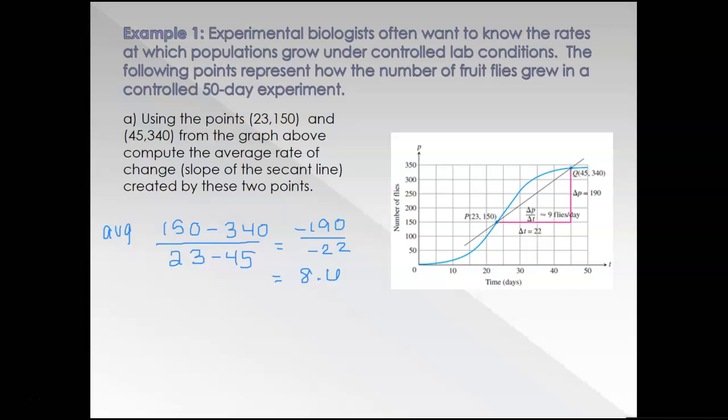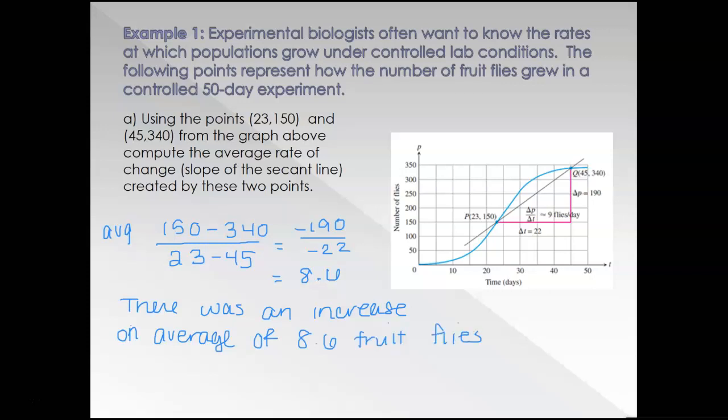So what that means is that there was an increase on average of 8.6 fruit flies per day. There was an average increase of 8.6 fruit flies per day.